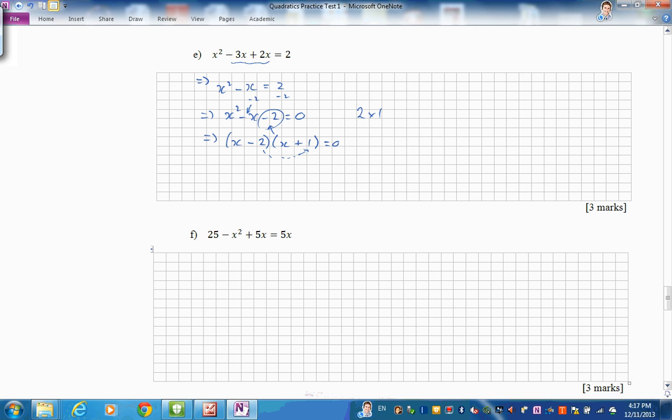Negative 2 by positive 1 is negative 2, and negative 2x plus 1x is negative x. The bigger one wins there. Now we're saying product is 0, either that factor is 0 or this factor must be 0. So x is equal to 2 or x equals negative 1. Our solution then. 3 marks.